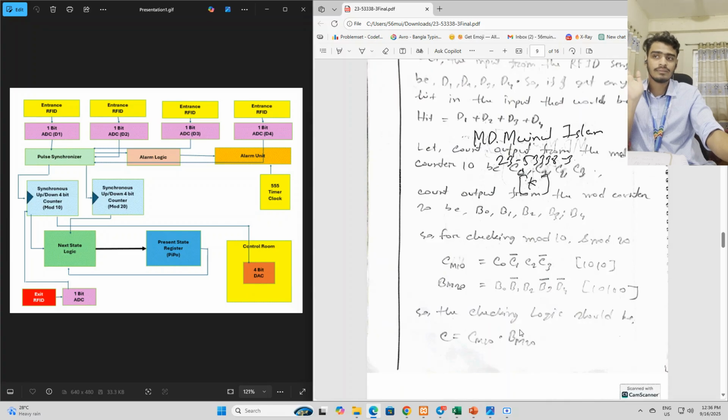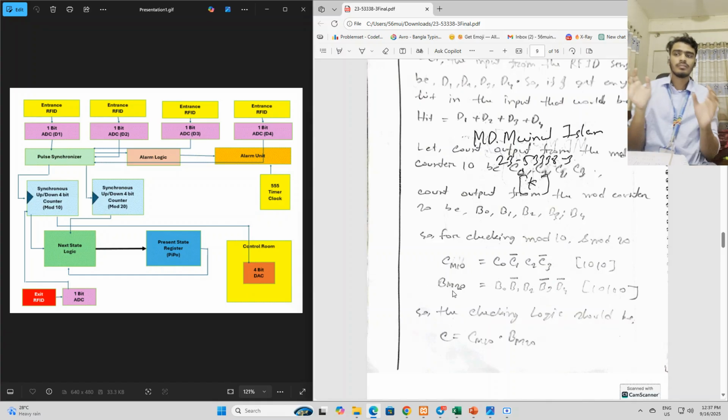So then comes our checking signal. The checking signal must be the AND output of these two signals. That means if any of them is false, my check is actually false, so we cannot let the user go, right?